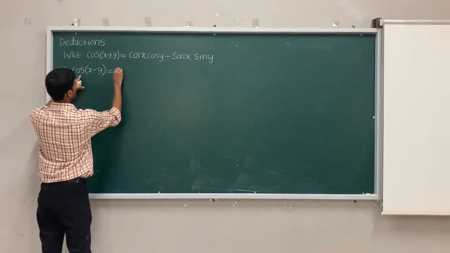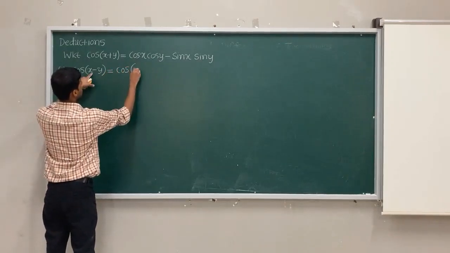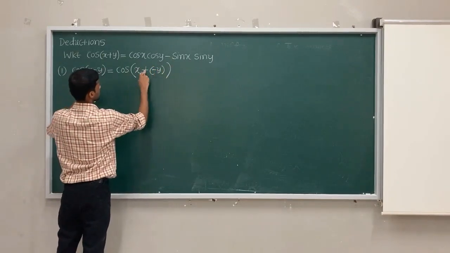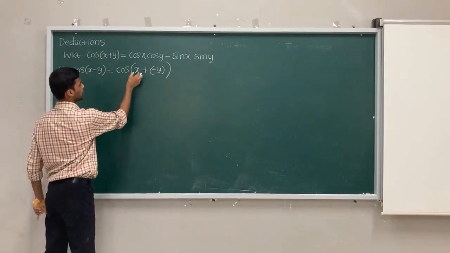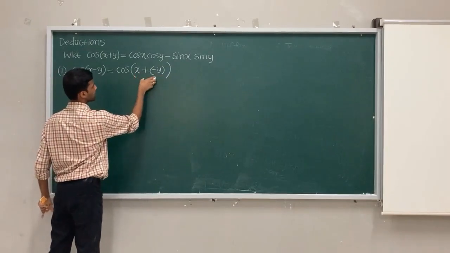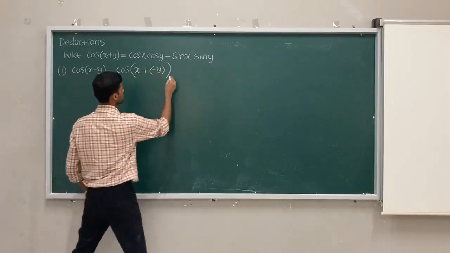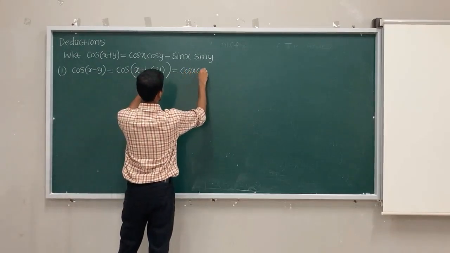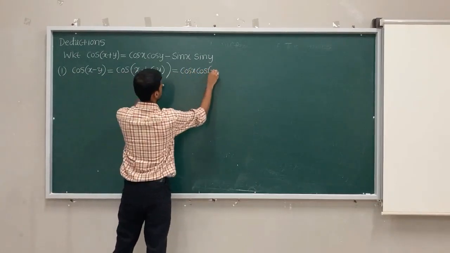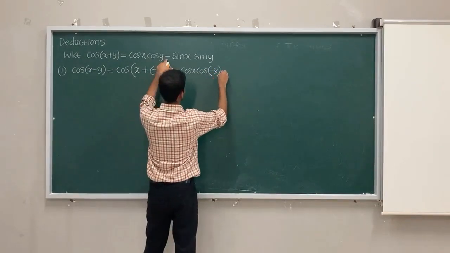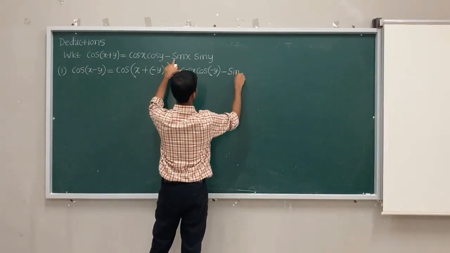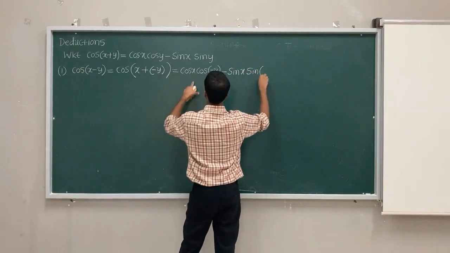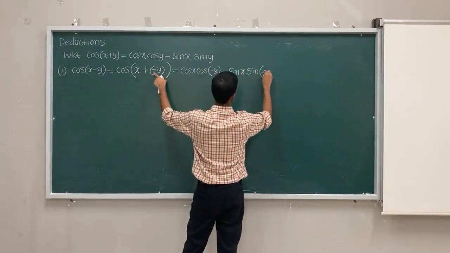It is nothing but cos of x plus of minus y, because plus into minus is minus only. Now it looks like cos of x plus y. In place of y, what do we have? Minus y. So cos of x plus y is cos x cos y, with y place minus y, minus sin x sin y, with y place minus y.